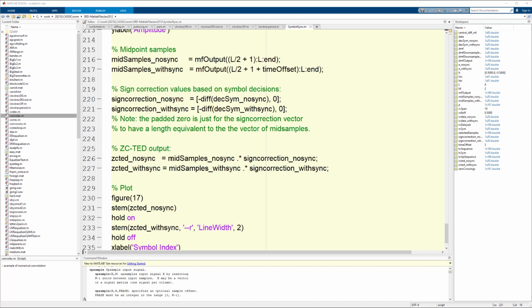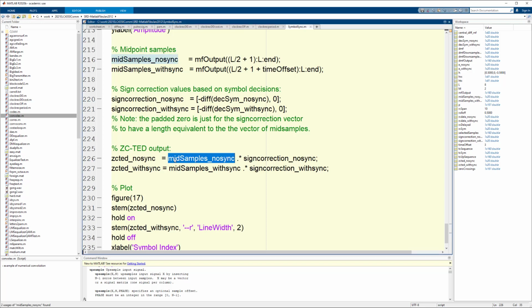Now, if my middle sample is a zero crossing sample, then the output is 0. So that is a perfectly locked timing loop. I don't need to adjust anything about my sampler. If I have non-zero values, then according to the sign here, I know where I should put the timing offset. Should I give a positive tau or negative tau?